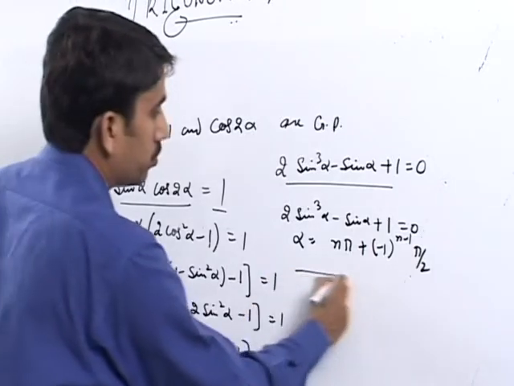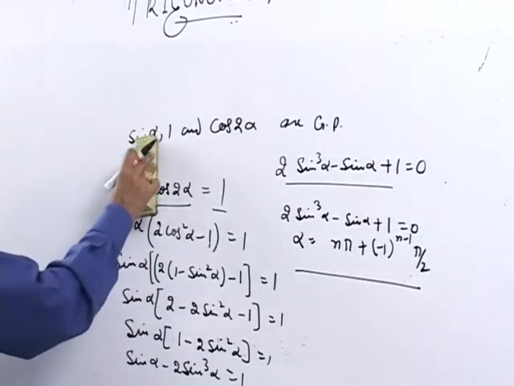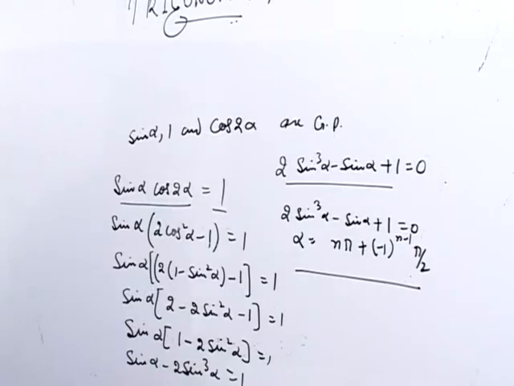So this is the required solution for the given question that sin alpha, 1 and cos 2 alpha are in GP.